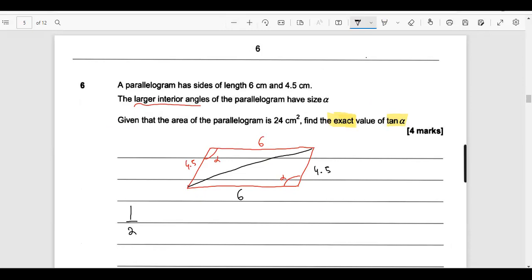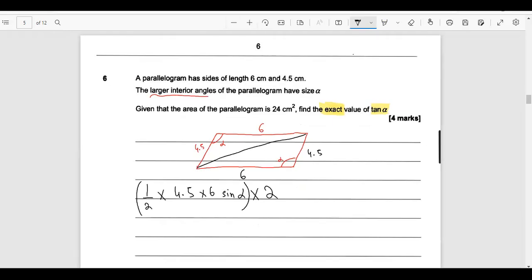It would be 1 by 2 multiplied by the given sides, 4.5 into 6, multiplied by the sine of the included angle, that is sine alpha. This is the area of the first triangle. I am going to multiply it by 2 because both the triangles are exactly the same. This 2 and this 2 would be cancelled, and this area can be equated to 24 because this is what it says. I'll find the value of sine alpha quickly.